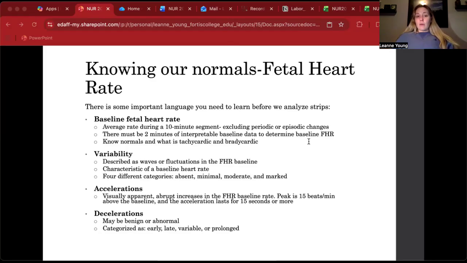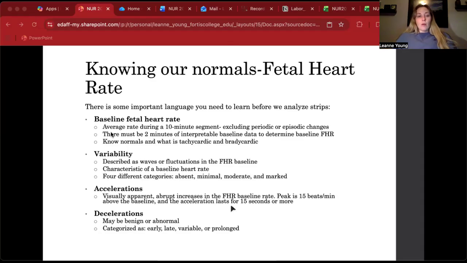On the other side, we're talking about bradycardia. What is bradycardia? A fetal heart rate that's under 110. What will cause it? Heart blocks, any type of structural defect, viral infections, maternal hypoglycemia, maternal hypothermia, and then disruption of oxygen to the fetus.